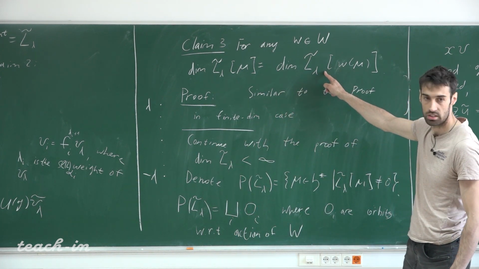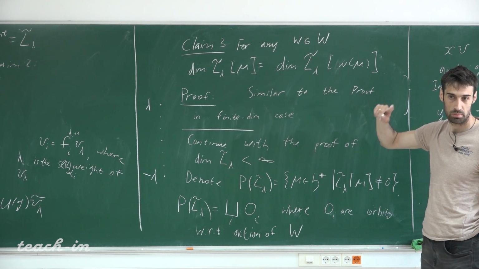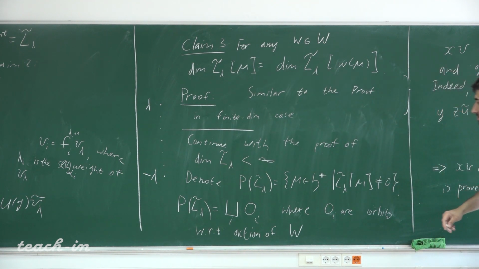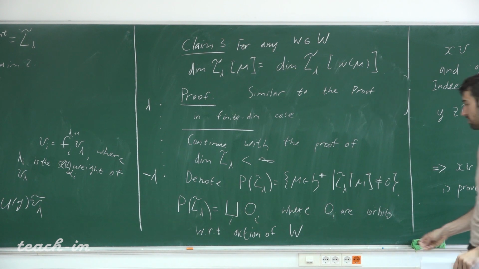Because if I have one weight, then I reflect and it also will be a weight, and so on. So all weights come in the form of orbits of the Weyl group. This is by claim 3.